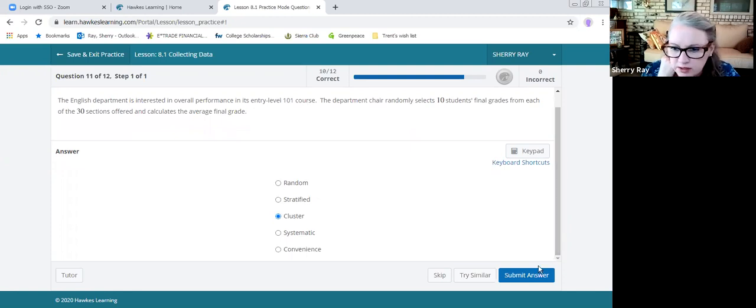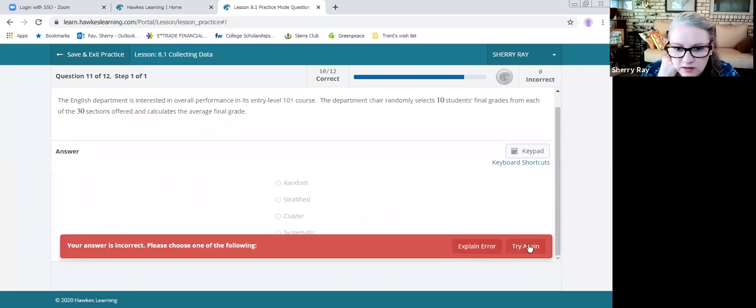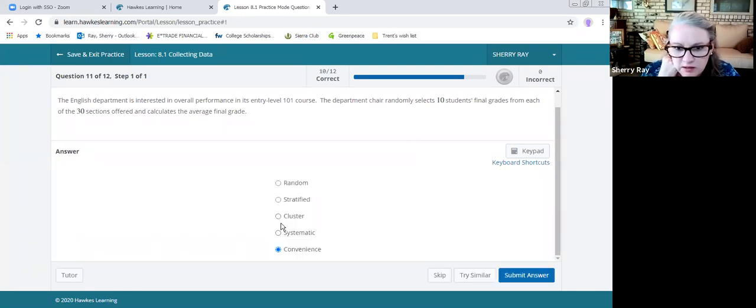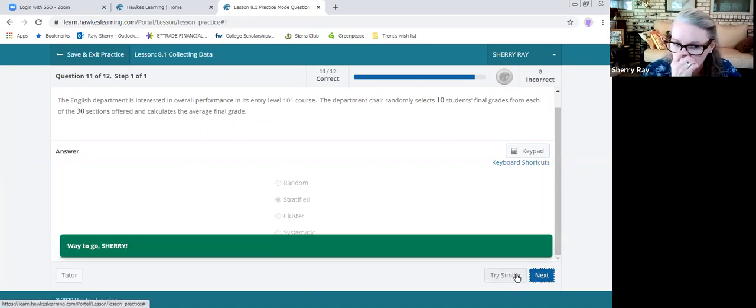Is that random? This one always trips me up. Convenience. Systematic. Stratified. I swear I saw the same question with a different answer earlier.